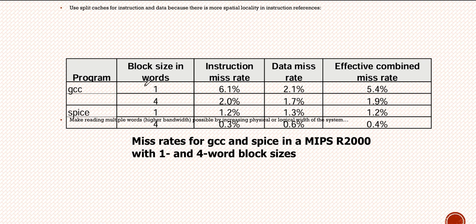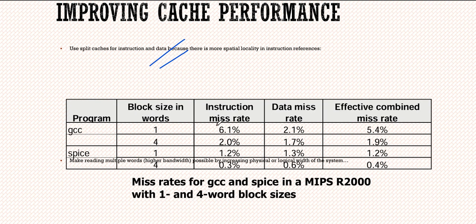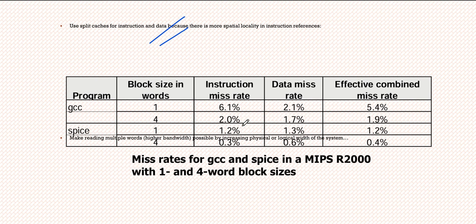One program is called GCC, and that GCC uses one-word blocks, right? So at every block of the cache they just use one word. They realized that the instruction miss rate was 6.1%, and the data miss rate was what? 2.1%. I think they combined both of them and found an average or something.